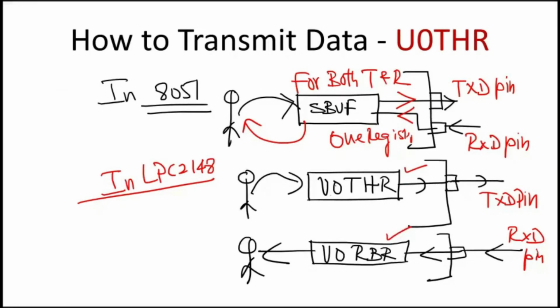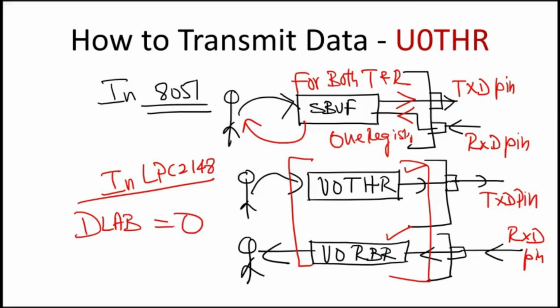The beauty is, if you want to play with these two registers, it is necessary that you put your DLAB bit as 0. If your DLAB bit is 1, then you can no longer play with these registers. That is the reason why we put DLAB bit equal to 0 before you start using these registers.